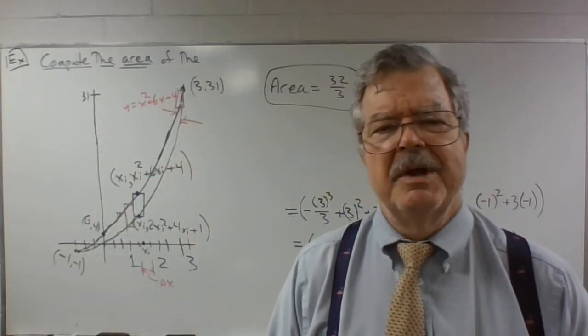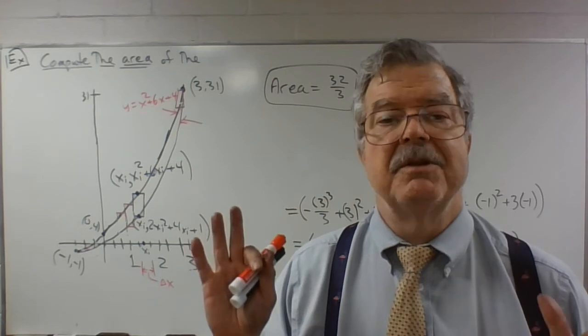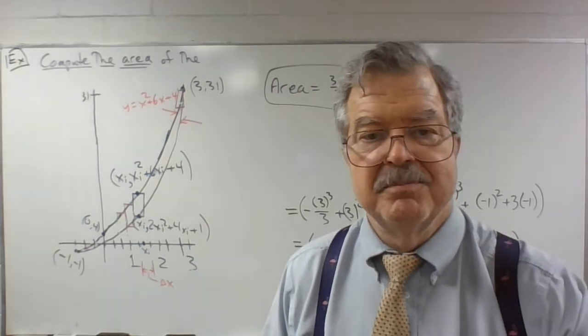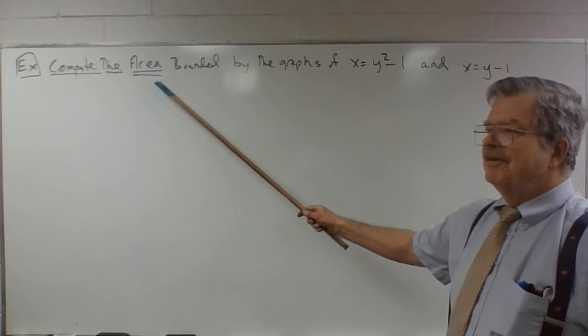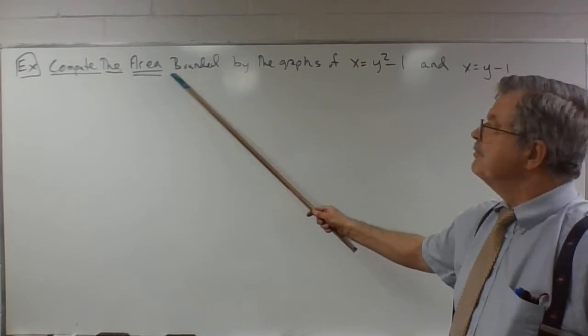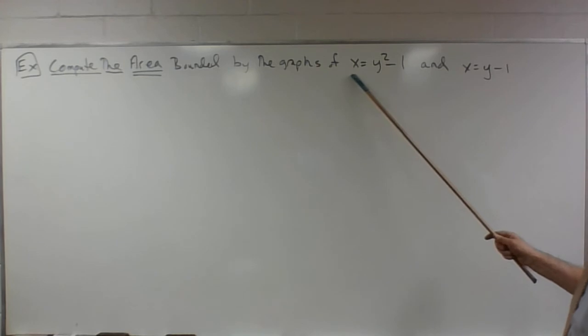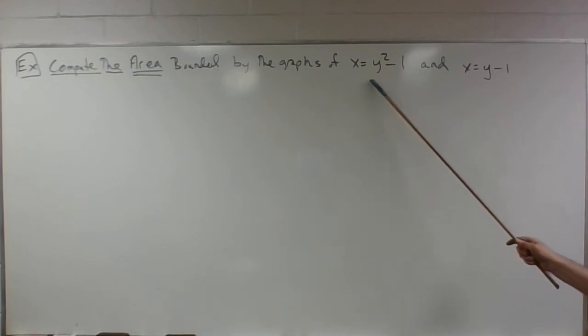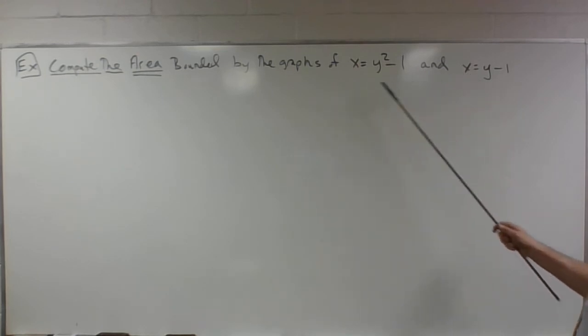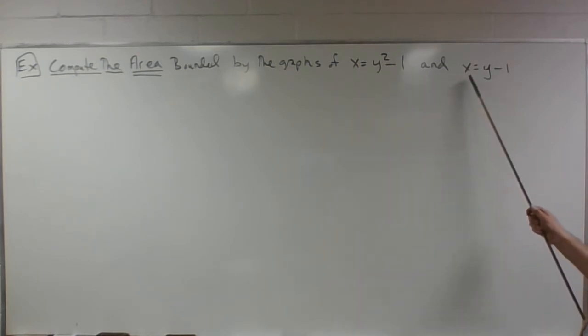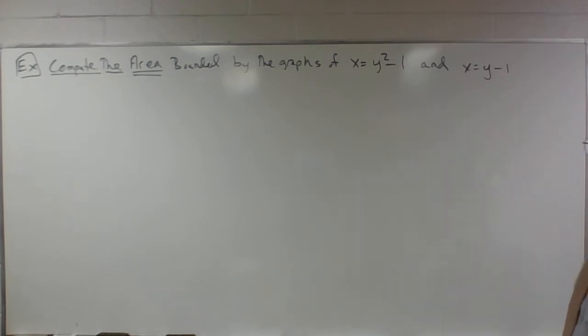We need to do one more, and we need to throw a little twist in there as well. Okay, this has a little bit of a twist. Compute the area bounded by the graphs of x equal y squared minus 1 and x equal y minus 1.